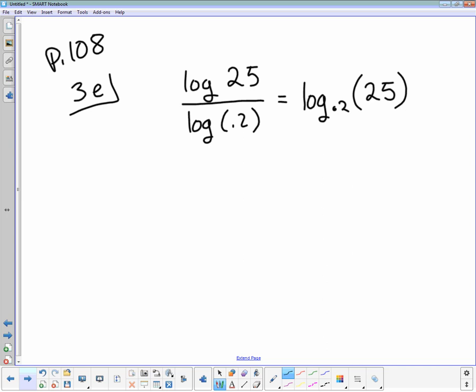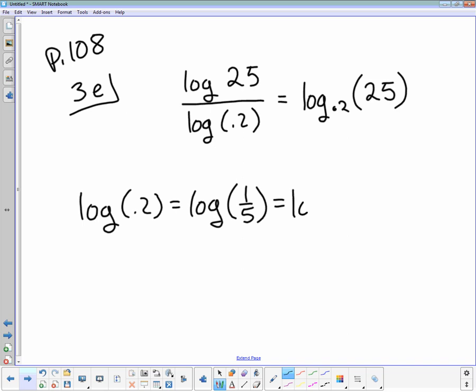Not so nice and not complete. We could actually get a numeric value for this beast, and we're going to. So let's first attack the log 0.2 bit and see what happens with that. It becomes 1/5. Right, so let's look at this for a moment. And log base anything of 1 is 0.